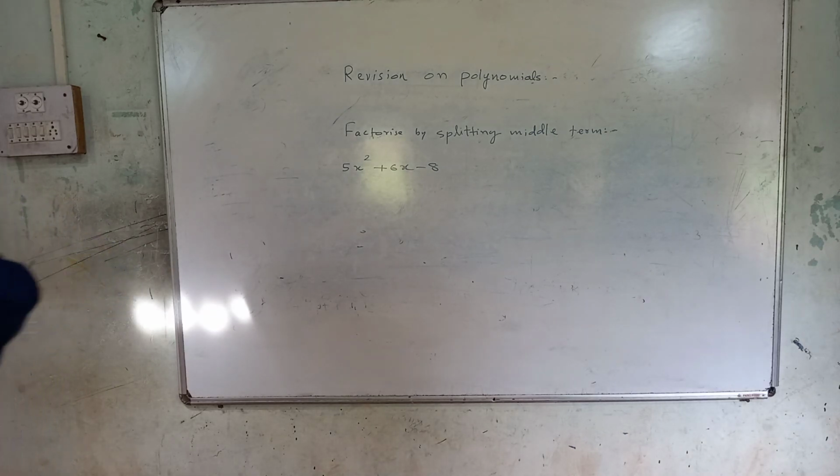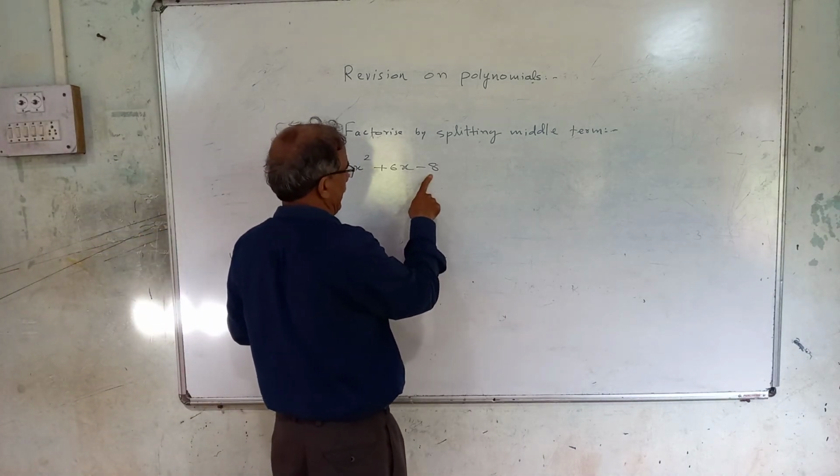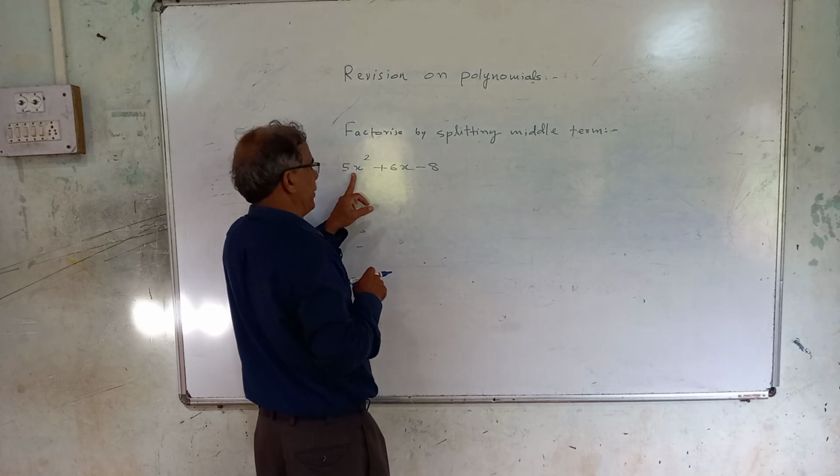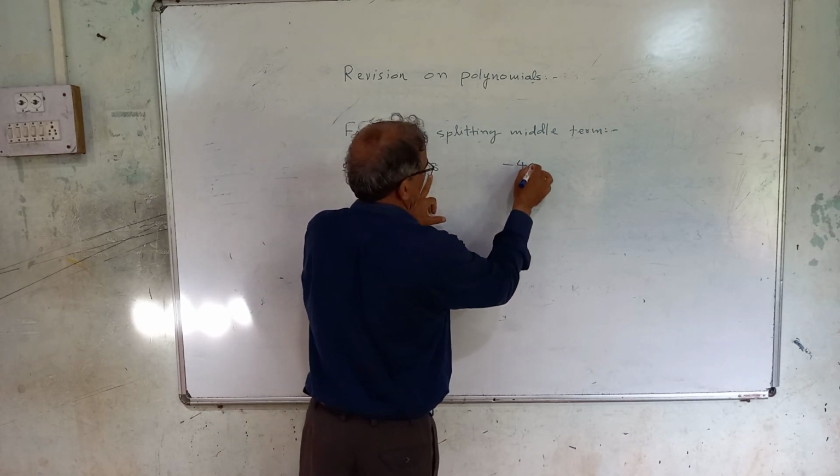So this is a quadratic polynomial. Do you remember how to factorize this? Now see, 5 into minus 8, the coefficient of x square into the constant term. So it is minus 40.